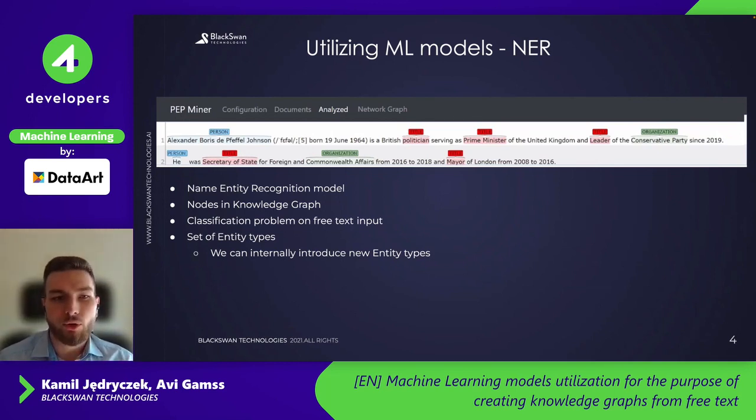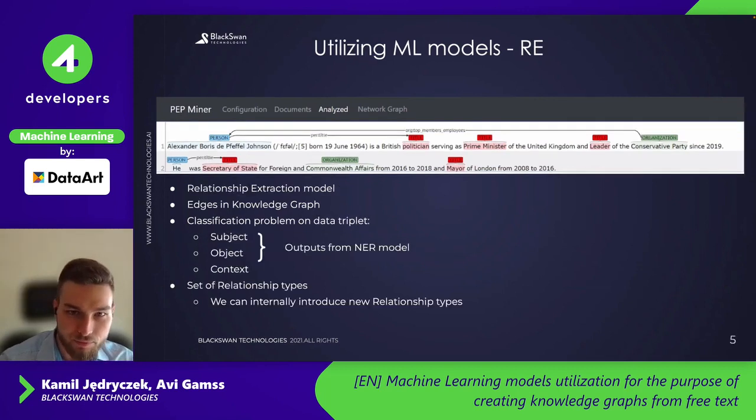So if any one of you already worked with such models in well-known Python libraries like spaCy, you are rather limited to the set of entity types that are already shipped with this model, like location, person, organization. And here in our company, we are able to expand that and to also create new ones. Okay, let's go to the next model.